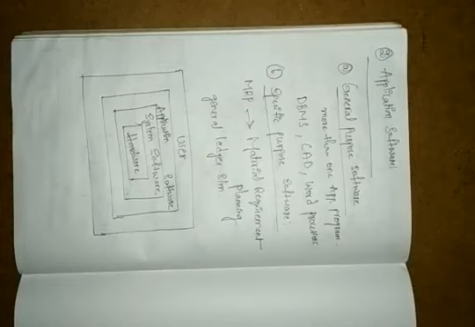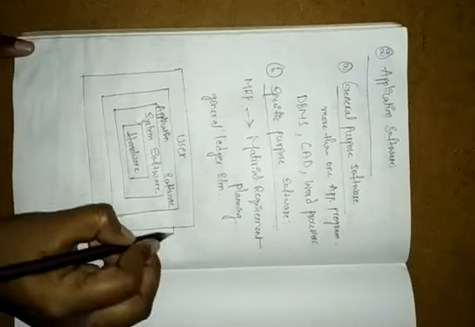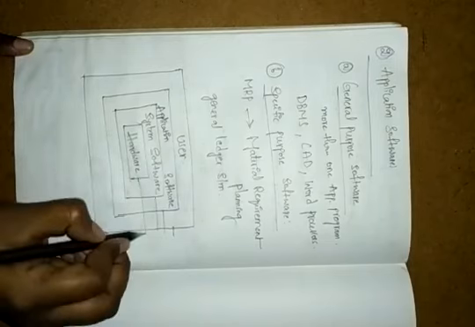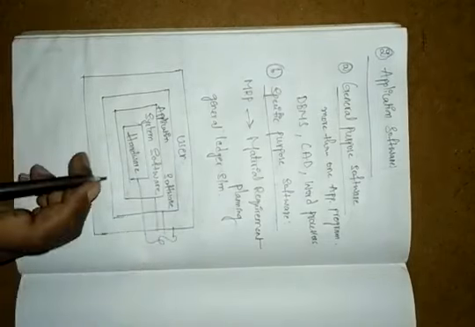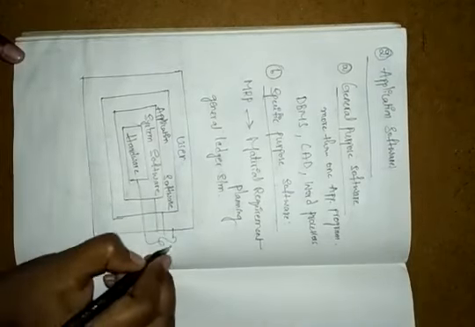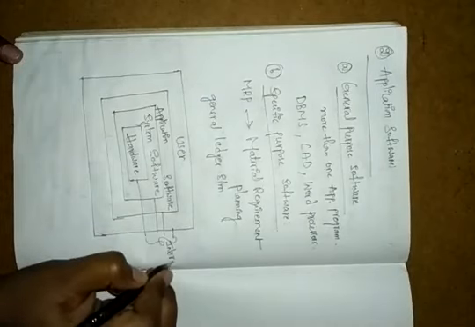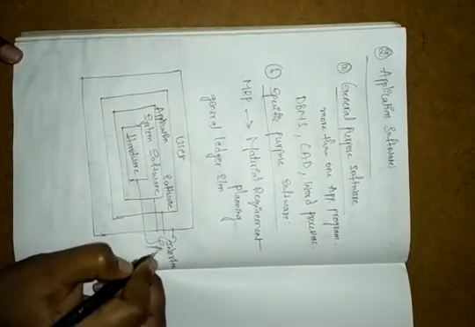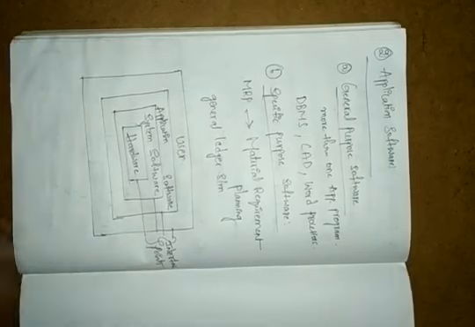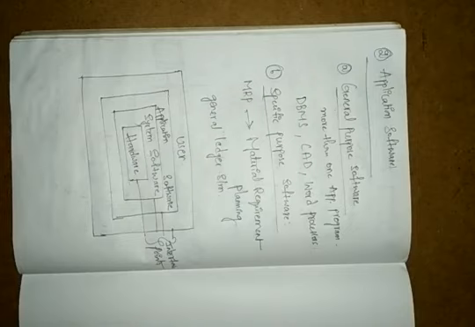We can call all these boxes interface points. So this is the system software and application software; we can call both of these software.